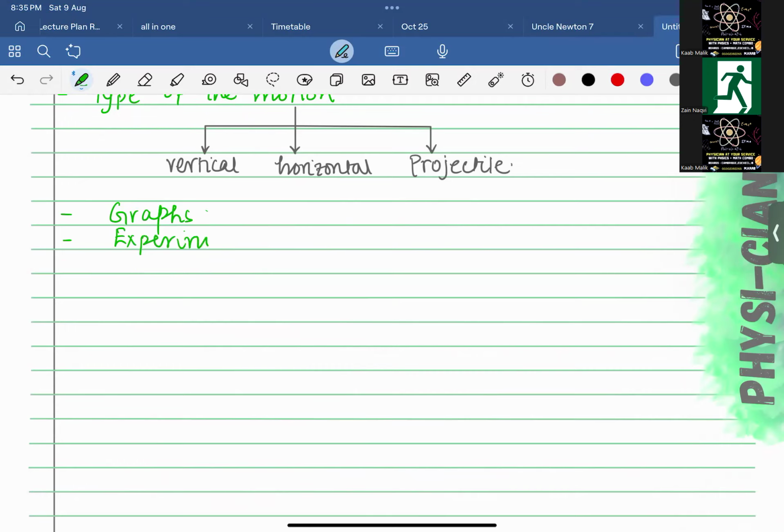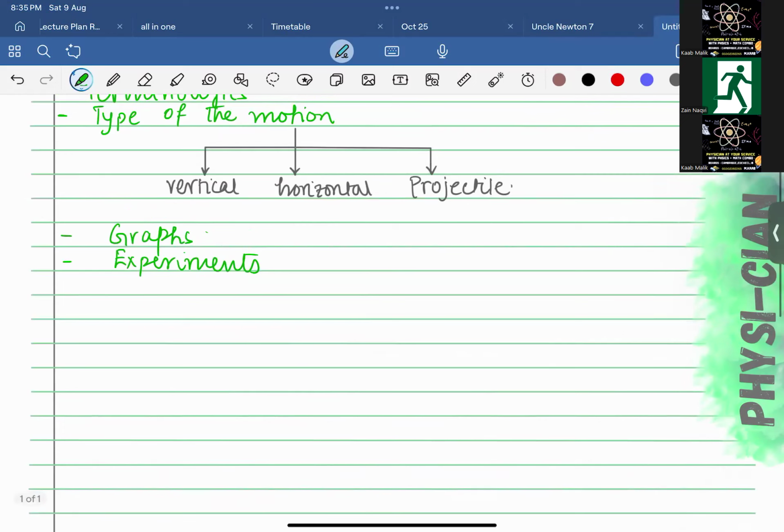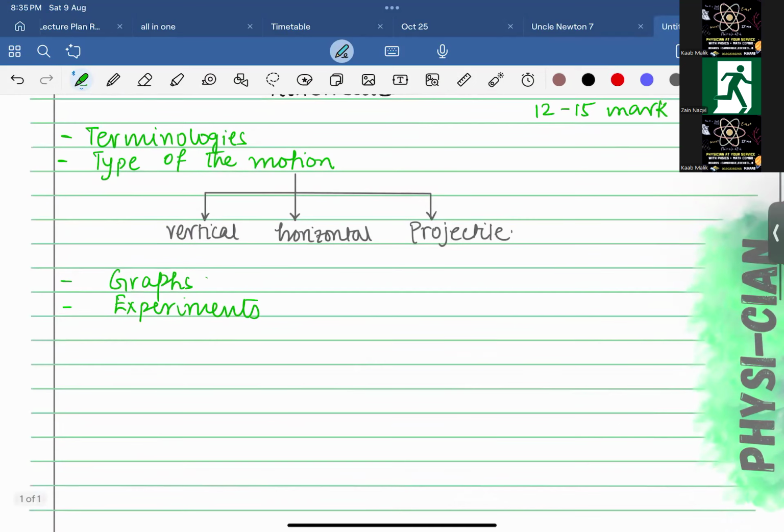The exam will also have questions on experiments. In the exam, they'll give you a question where they ask you to evaluate or analyze or come up with an idea of how you can plan the experiment.